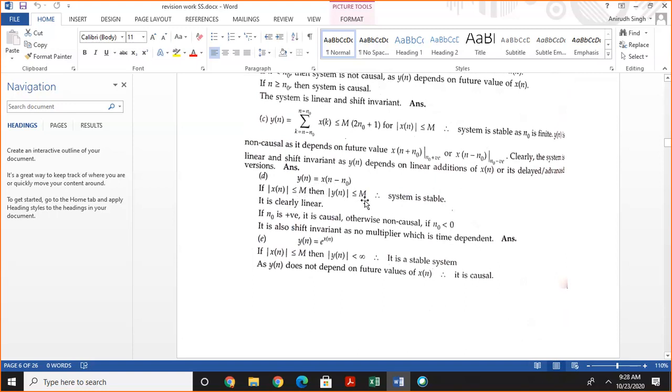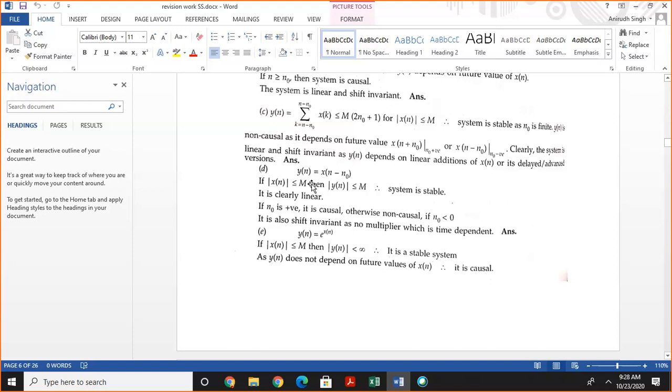The next question is y of n is equal to x of n minus n naught. If x of n is less than some finite value m, then its shifted version is also less than a finite value, and y of n is less than some finite value. It means that the system is stable. The system is stable, linear and causal.